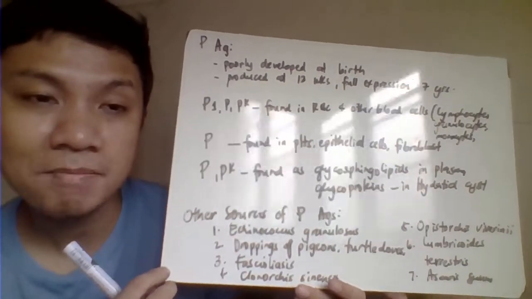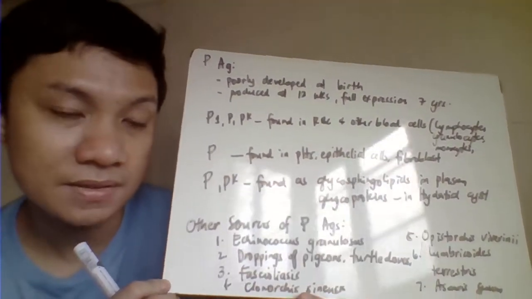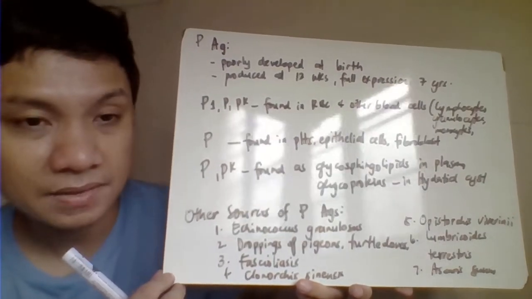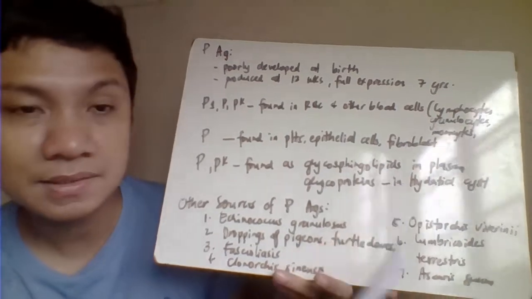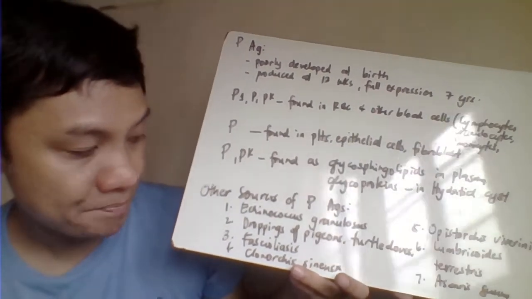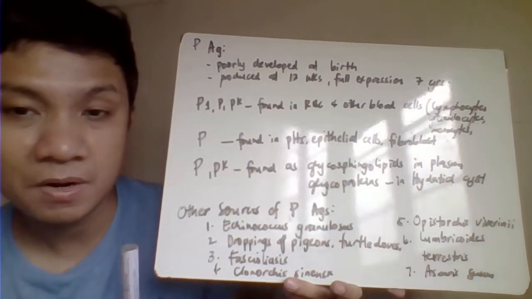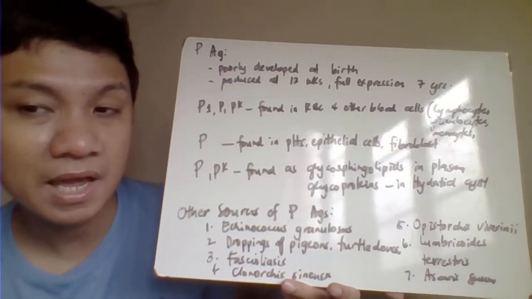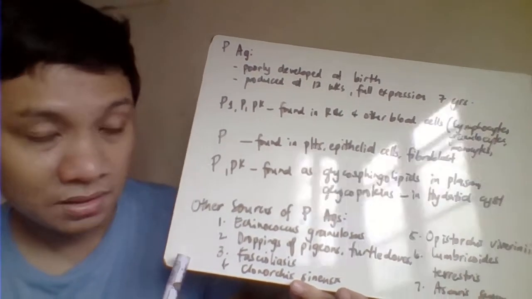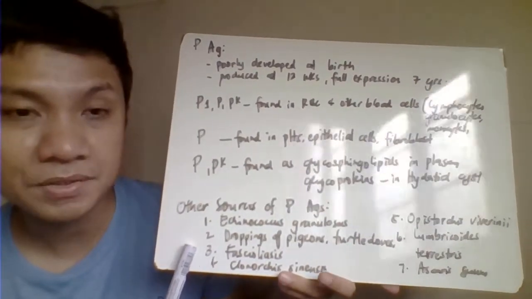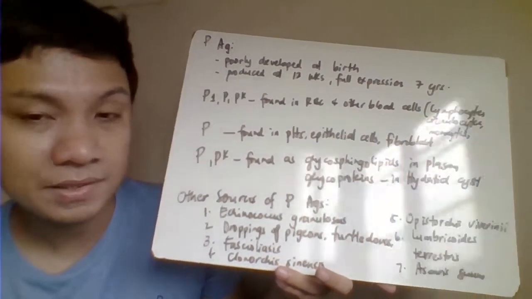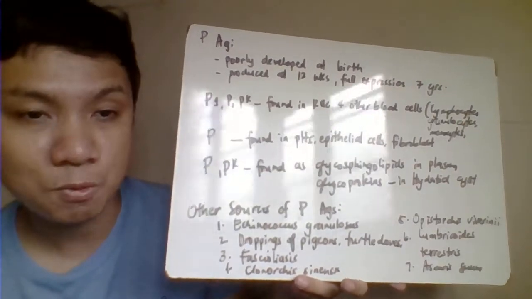So, pwede din natin makuha ang ating P antigens from the different parasite infections. Like, for example, your Echinococcus granulosus, your hydatid cyst, hydatid sand na tinatawag. You have your droppings of your pigeons and turtle doves, egg white of the turtle doves. It would also be derived from your Fasciolopsis, Clonorchis, Opistorchis, Lumbricoides terrestris, and we have your Ascaris suum.